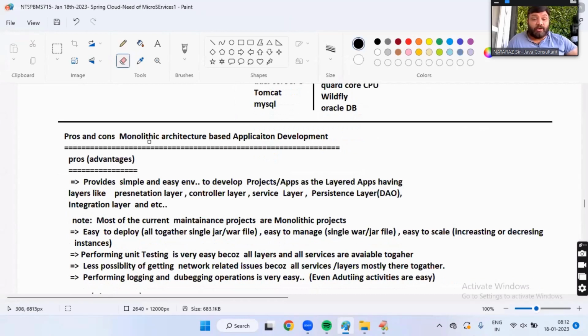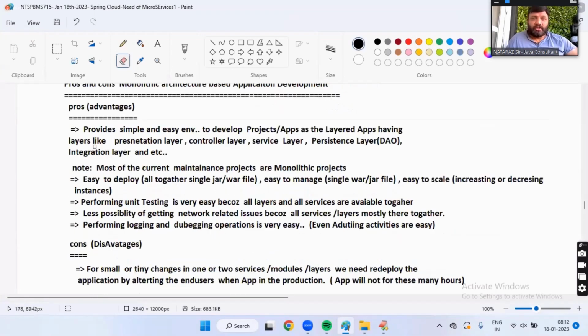Pros and cons of monolithic architecture based application development. Pros means advantages. It provides a simple and easy environment to develop projects or applications, as a layered application with layers like presentation layer, controller layer, service layer, persistence layer, integration layer, etc. Most of the current maintenance projects are monolithic projects.